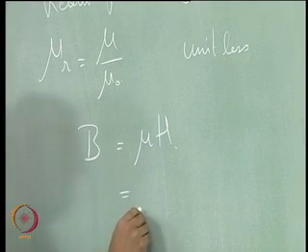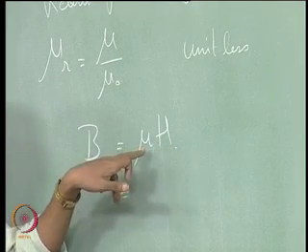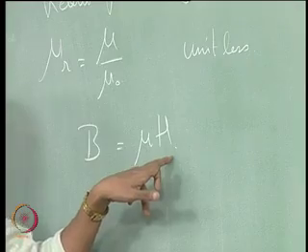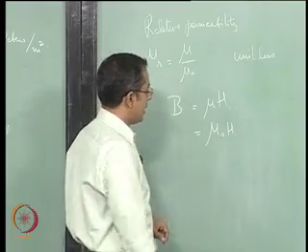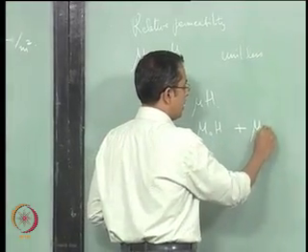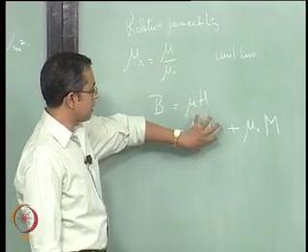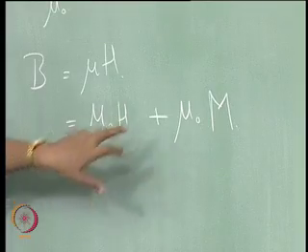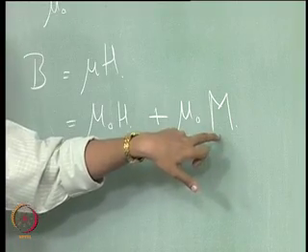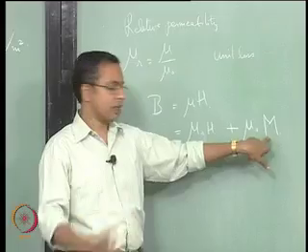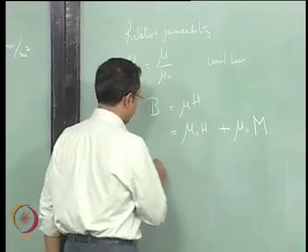We can instead write it as a component, given that you already have the field H, vacuum in that location would have given you mu naught H. So we can separate the component from the vacuum, mu naught H, plus mu naught times some other parameter M. This is the component coming from the vacuum, plus an additional component over and above this vacuum response, which represents the extent to which the material is assisting or opposing the process. So this is mu naught M; this M is called magnetization.